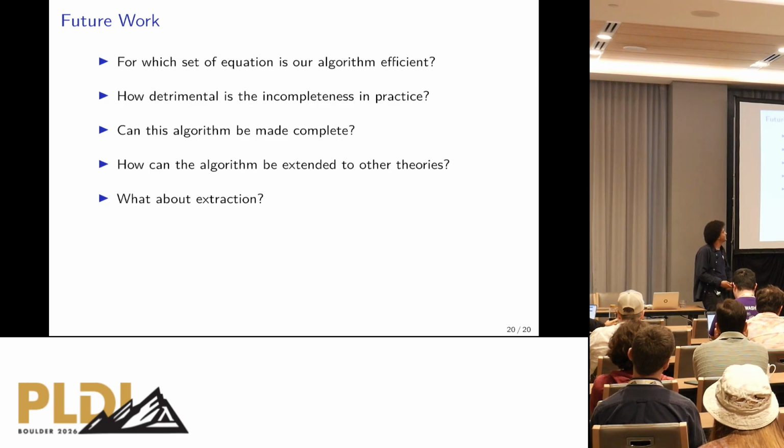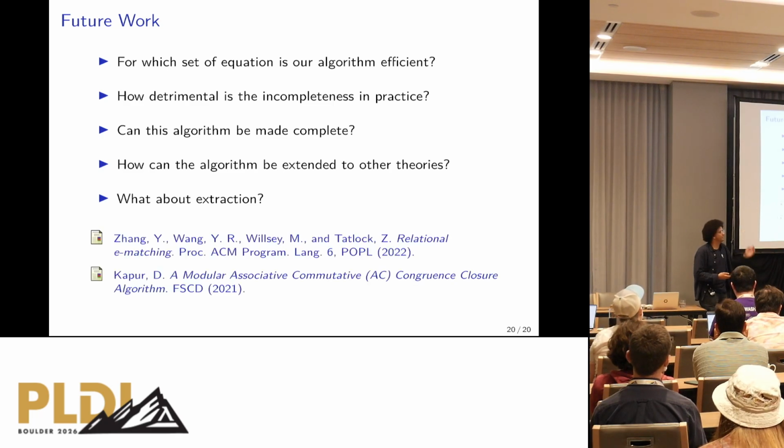And last but not least, we have not talked about extraction. So depending on your cost function, extraction might be even the harder problem. Okay, credits to these two papers for implementing half of what I presented. And that's it.